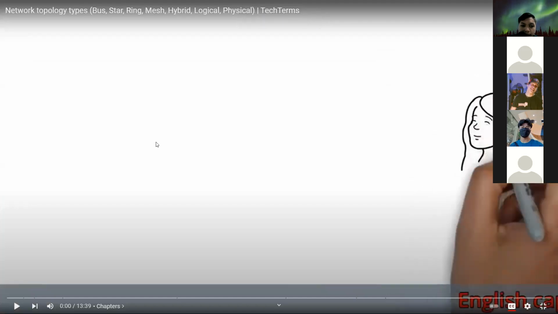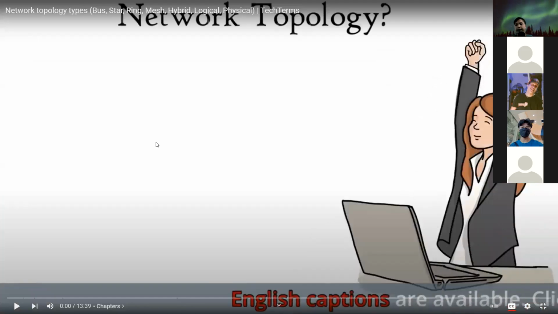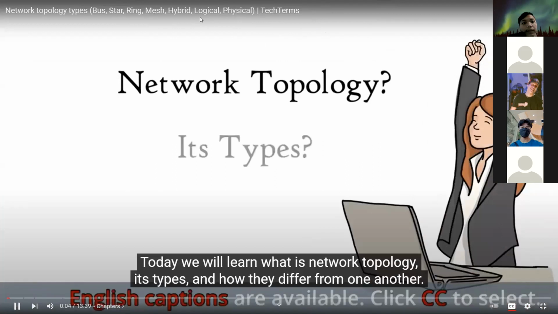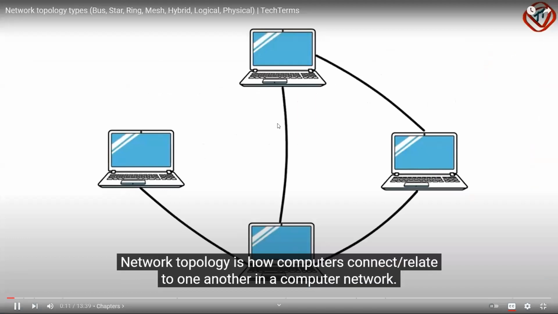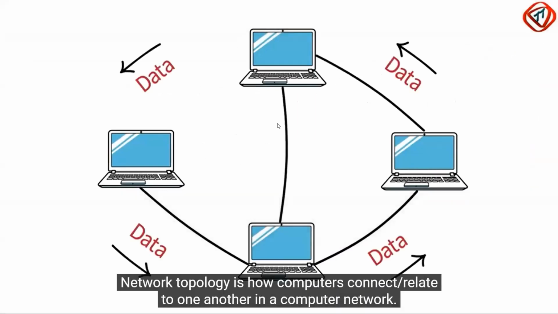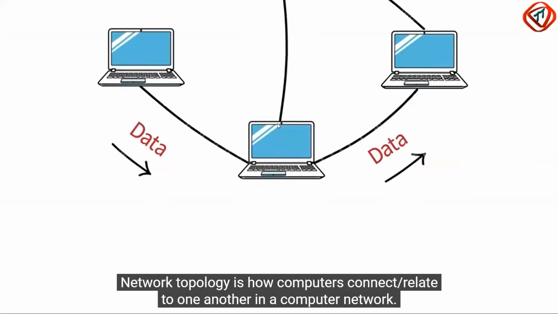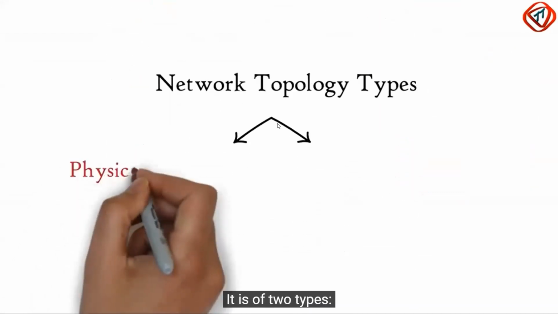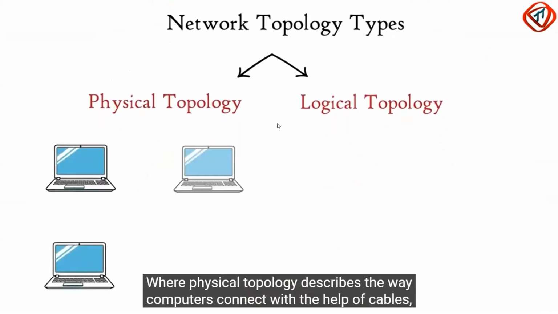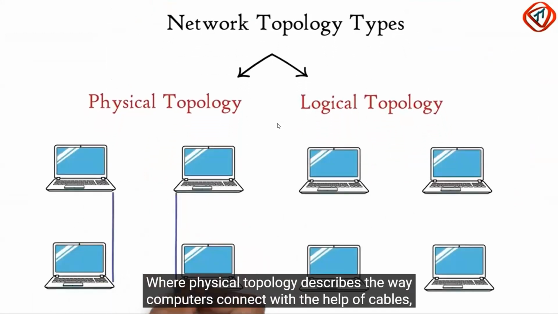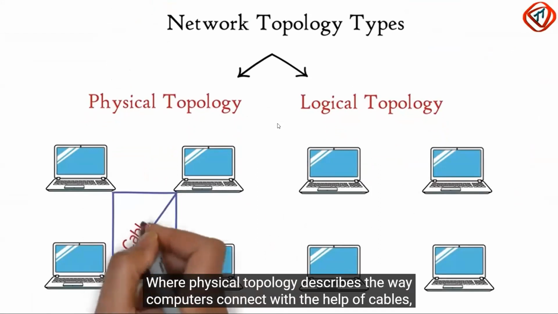Hey guys, this is DG. Today we will learn what is network topology, its types and how they differ from one another. So let's start. Network topology is how computers connect or relate to one another in a computer network. It is of two types, physical topology and logical topology, where physical topology describes the way computers connect with the help of cables.